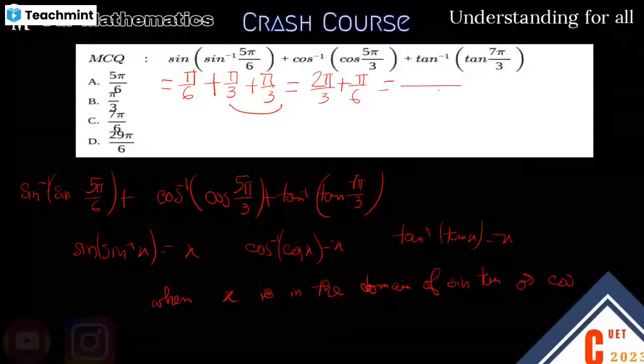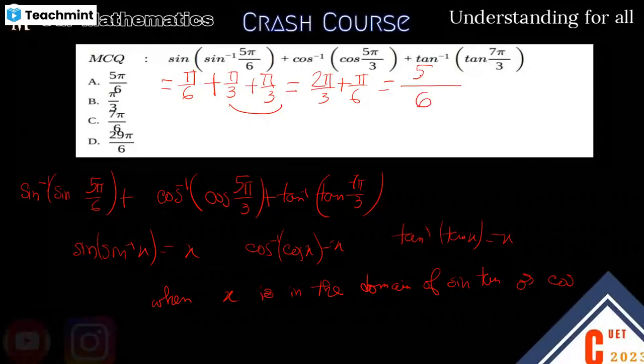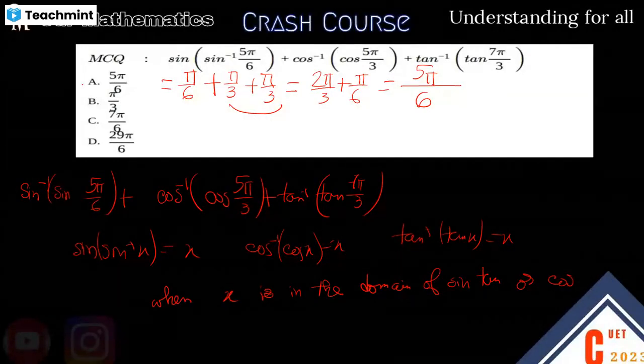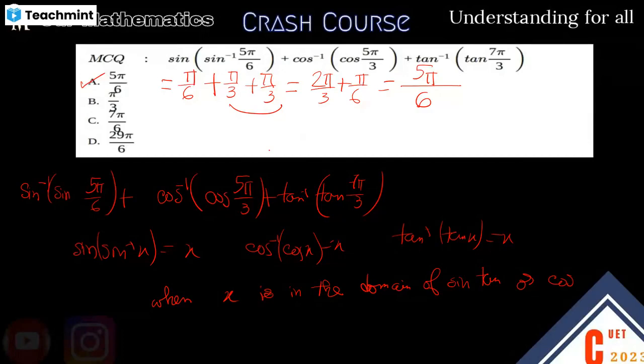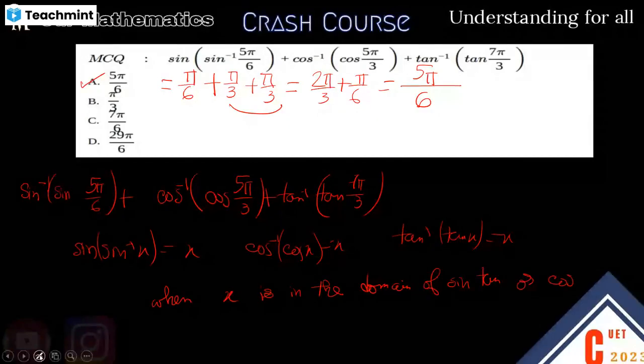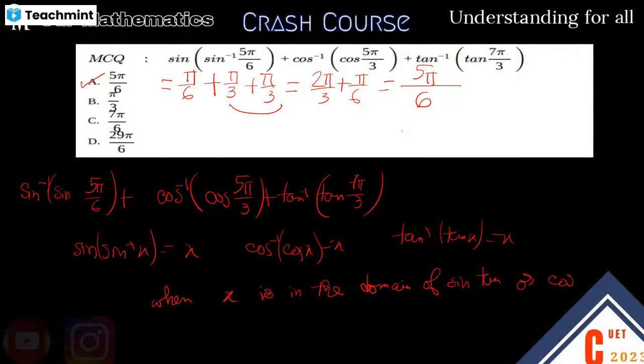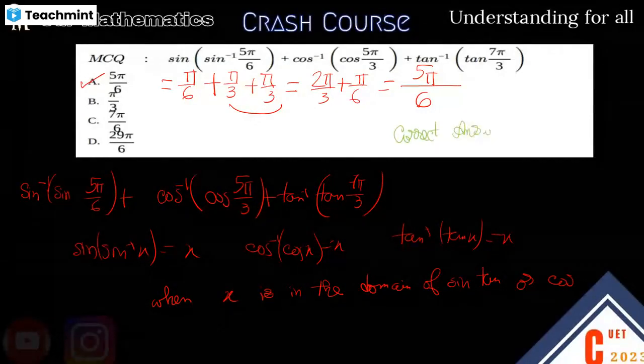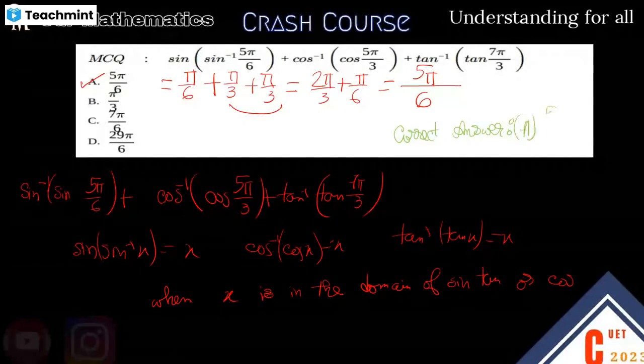It is basically equal to 5 pi by 6, right? 120 degree plus 30 degree, it is 150 degree, 5 pi by 6. So the correct answer will be option number A. Correct answer is option A. It is 5 pi by 6.